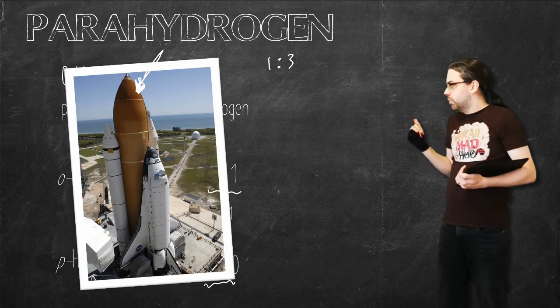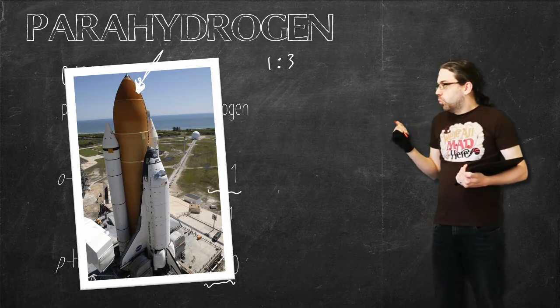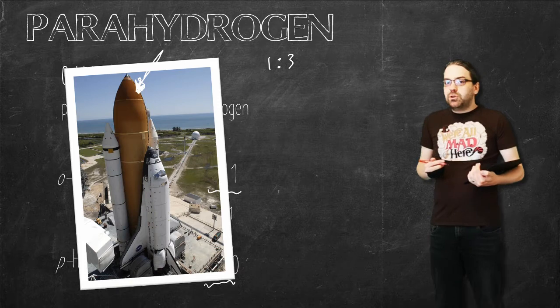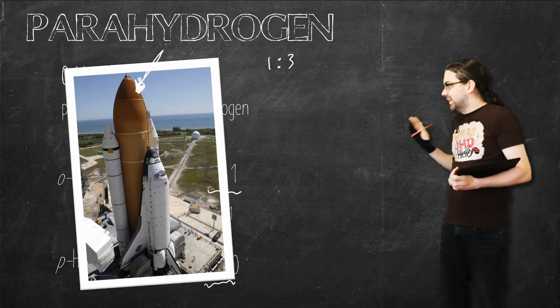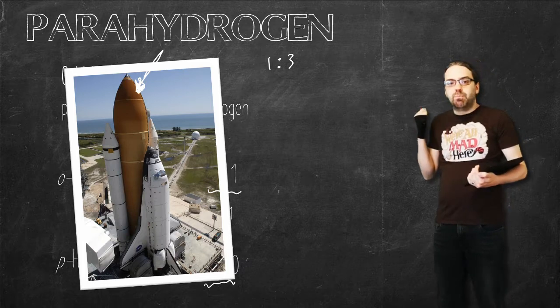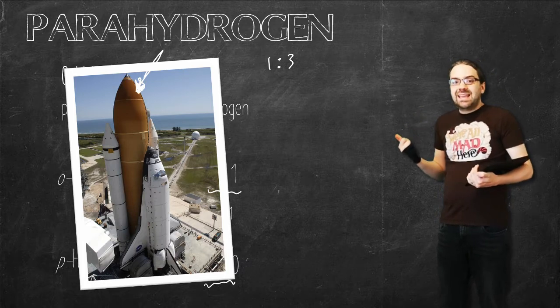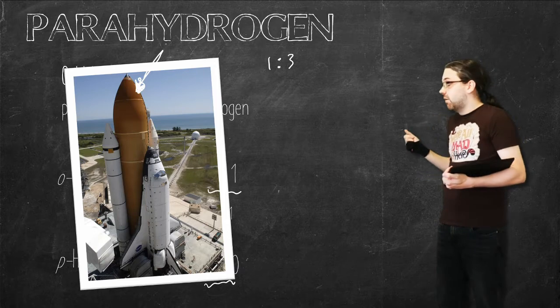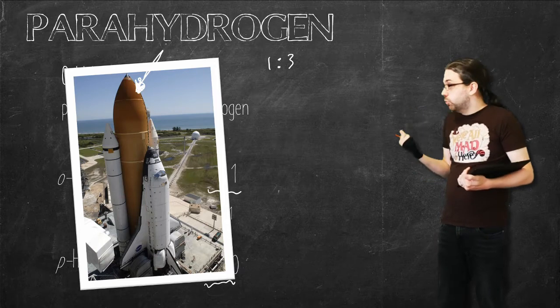And 1 kilojoule per mole doesn't sound like a lot when you're dealing with a small lab quantity of hydrogen, but when you're dealing with a giant fuel tank of liquid hydrogen, that's a lot of energy. That is enough energy to boil that hydrogen off catastrophically. Basically, the transition from orthohydrogen to parahydrogen could cause that fuel tank to explode.